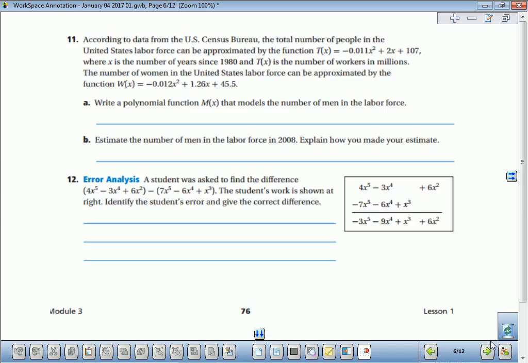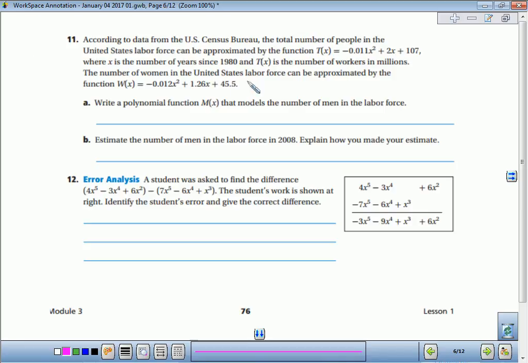If the number of women in the U.S. labor force can be approximated by the function w of x, write a polynomial m of x that models the number of men. So what would we do to find the men if given the total and the women? So we would subtract them. Very good.